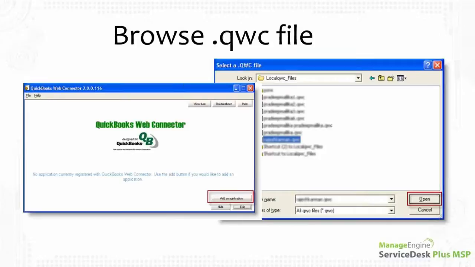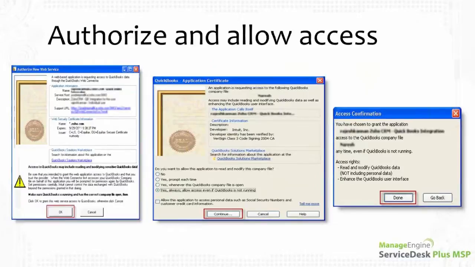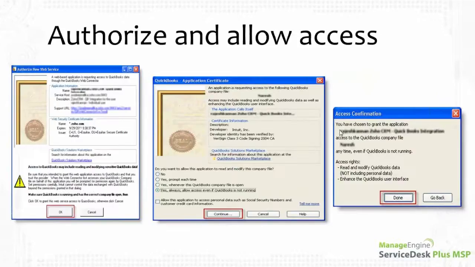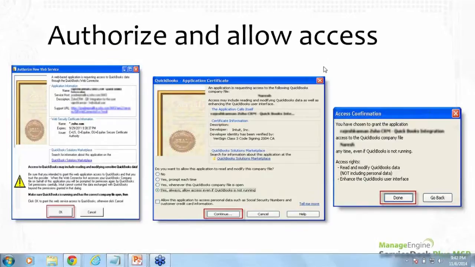First of all, open this application and click on the add application option. And then it will give you a browse window where you will have to choose the QWC file. Make sure you're selecting the QWC file, not the QBW file. And once you select this QWC file, first thing it's going to ask you is to authorize this particular operation.